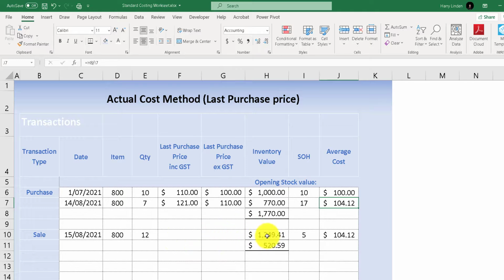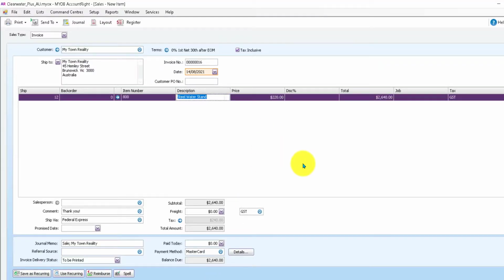So all we're looking at here is to see if this value is actually doing what it's supposed to be doing. As I mentioned earlier, it'll multiply the quantity times the average cost to give you that value. So let's go and have a look at completing that sale.